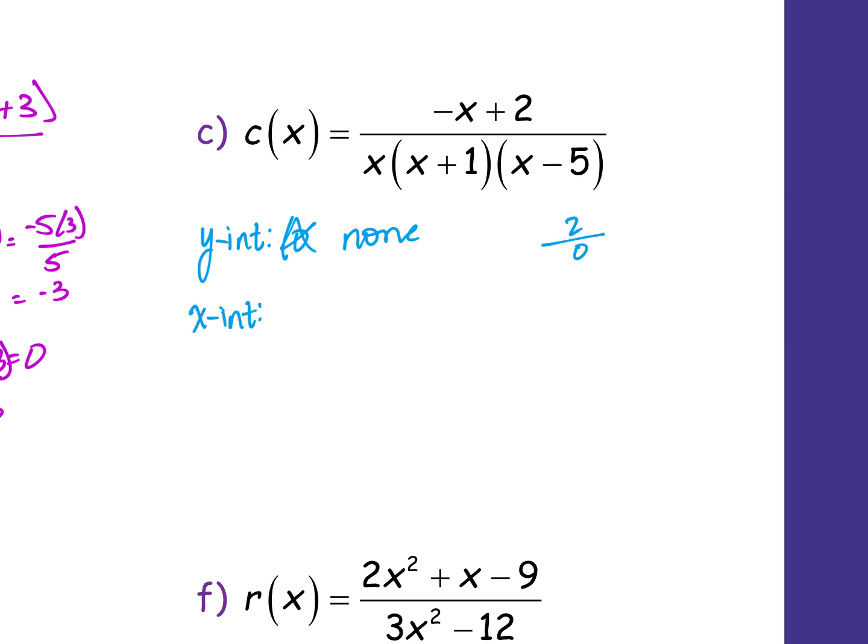X-intercept, x times x plus 1 times x minus 5. Oh, I did the denominator instead of the numerator, didn't I? Okay, let's try that again. Negative x plus 2 equals 0. Add x. X equals 2, so that's going to be 2, 0. Whew.